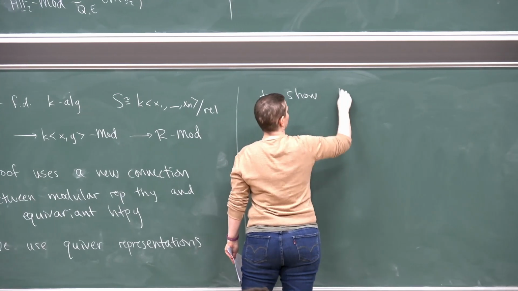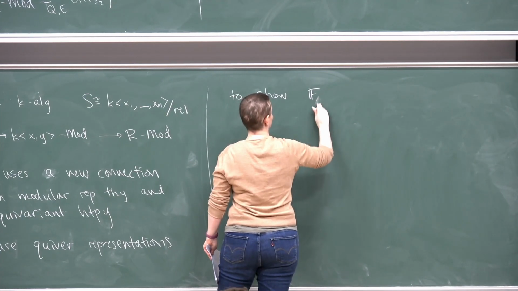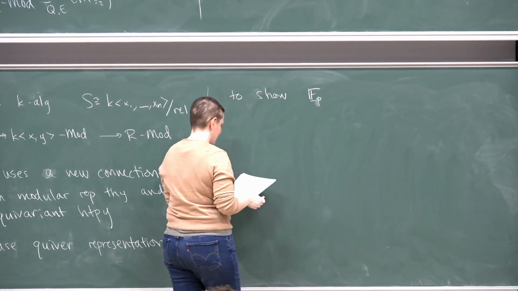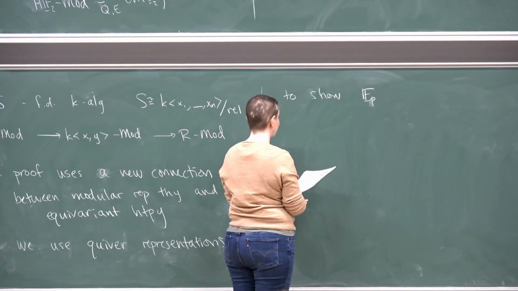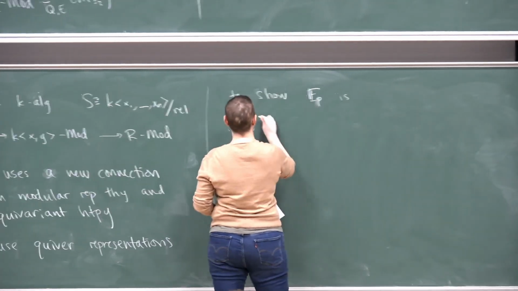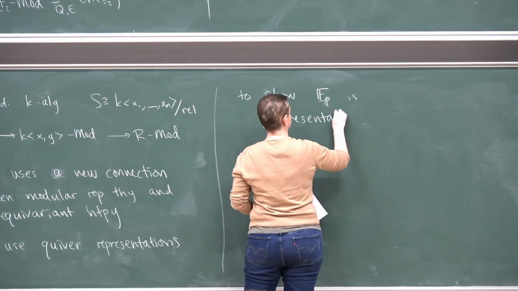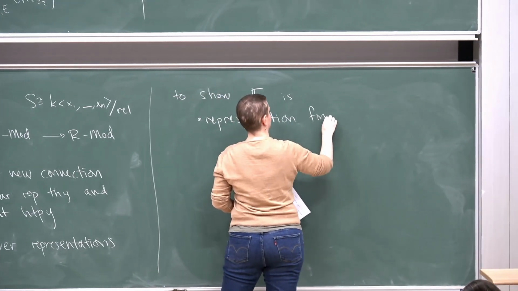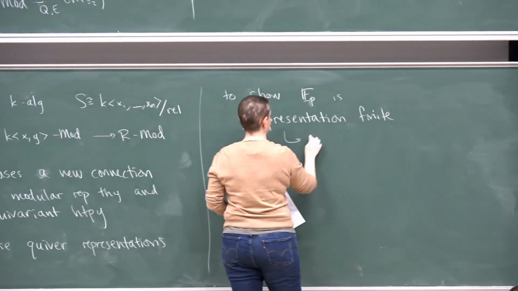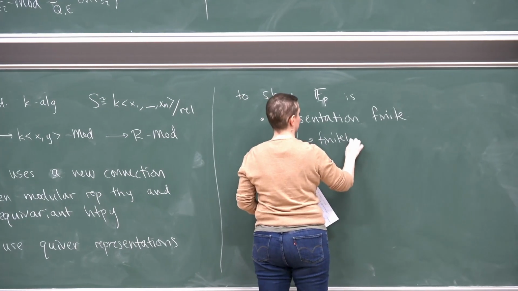But we use them to show that this green functor, FP underline, is in fact representation finite, by which I mean it has finitely many indecomposable modules.